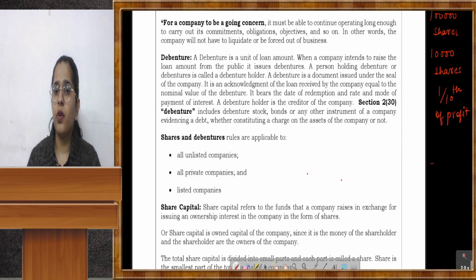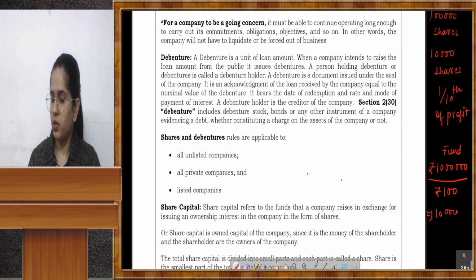It will say, okay, I need 10 lakh rupees of funds. So the company will say, I will divide this into rupees 100 each. So this will come out as 10,000. So the company will say, I will issue 10,000 debentures of rupees 100 each.